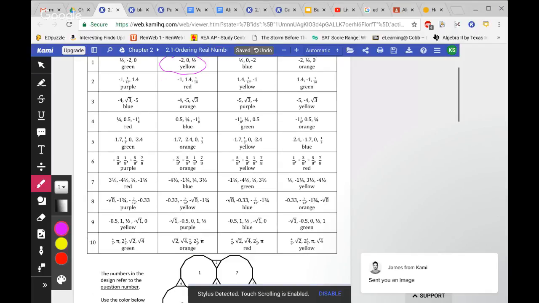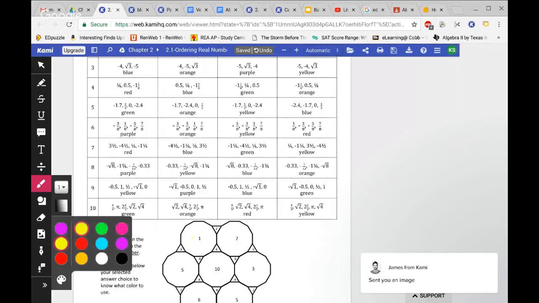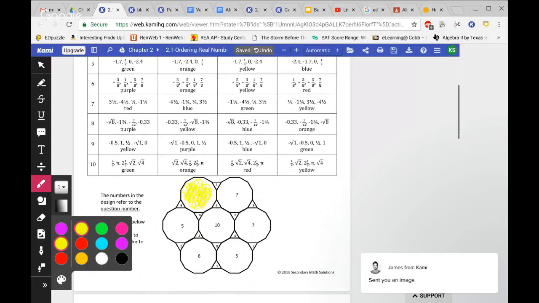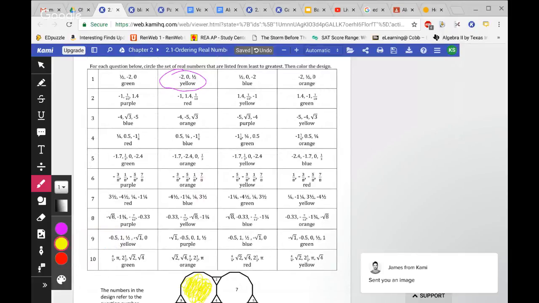So anywhere there's a number 1, you would color yellow. I don't see another number 1. So then on the second line, you've got -1, 1/10, and 1.4.